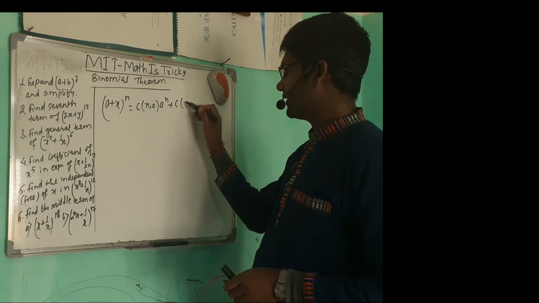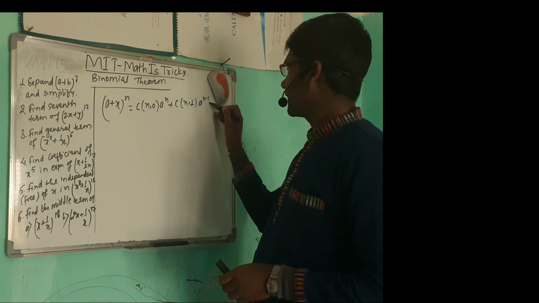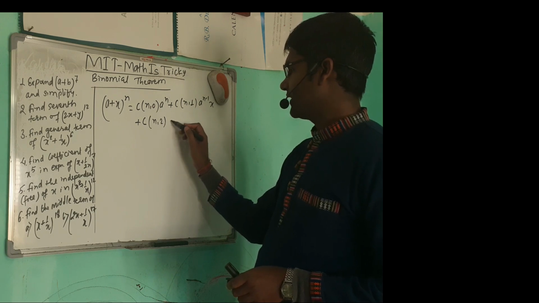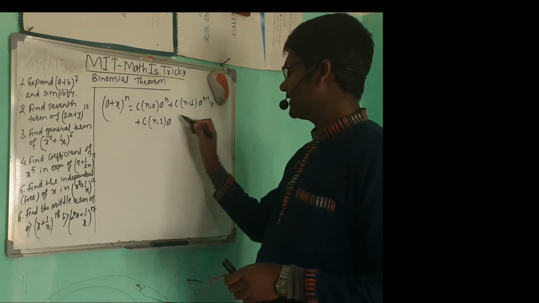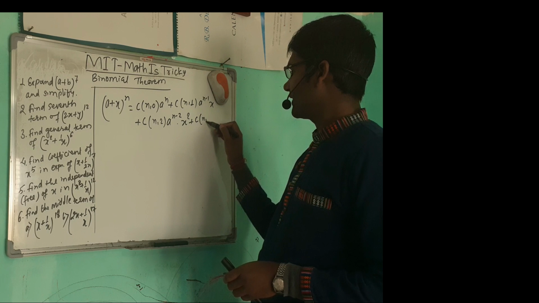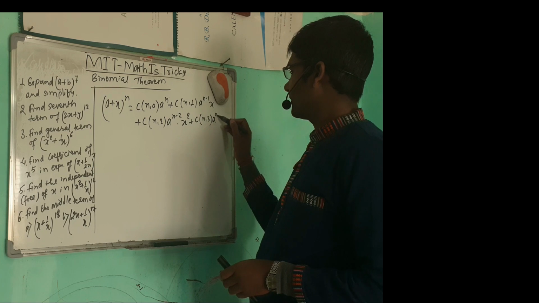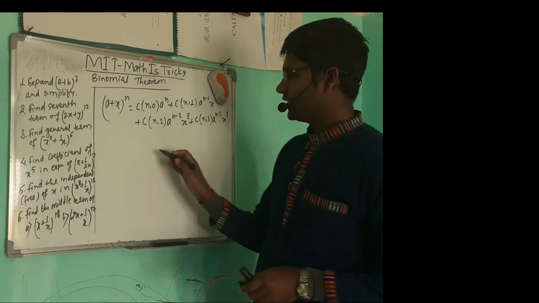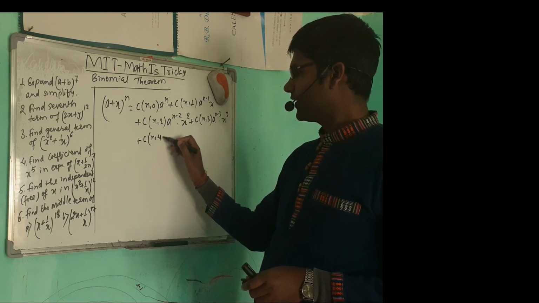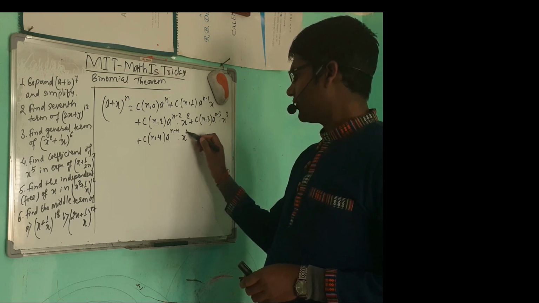Then C(n,1) a^(n-1) x, plus C(n,2) a^(n-2) x^2. As I told you, the power of a will be decreasing, so it is n minus 2, and x will be increasing. Then C(n,3) a^(n-3) x^3. Remember, this is how we are getting it. Let me write one more term, C(n,4) a^(n-4) x^4.